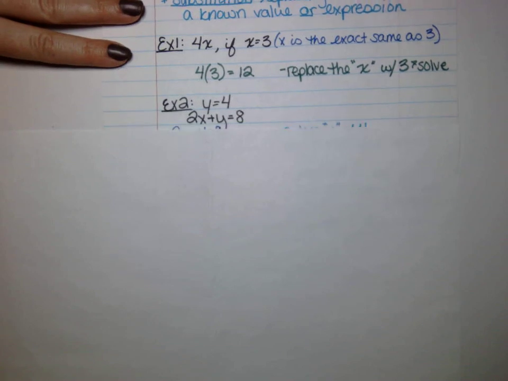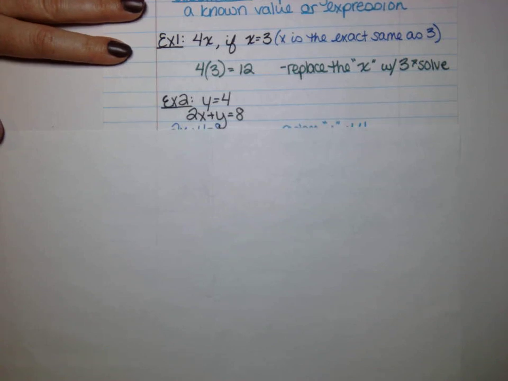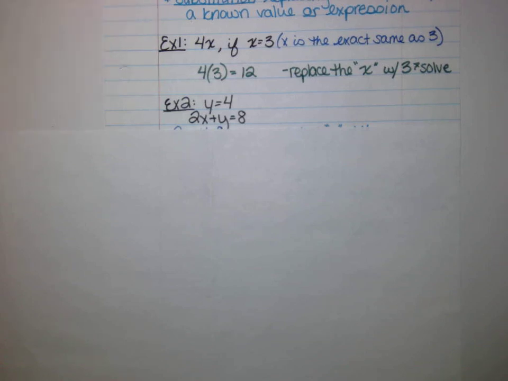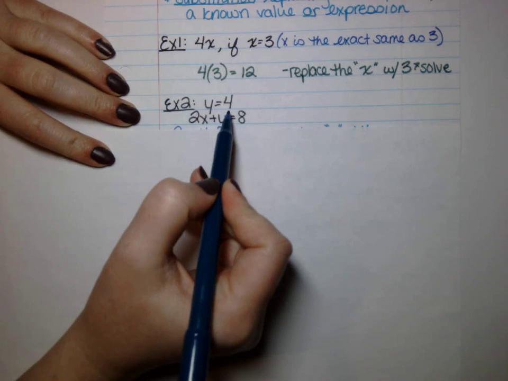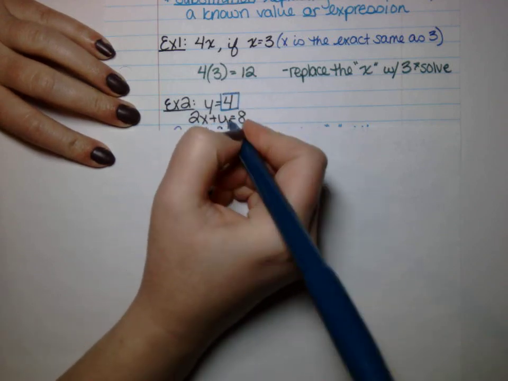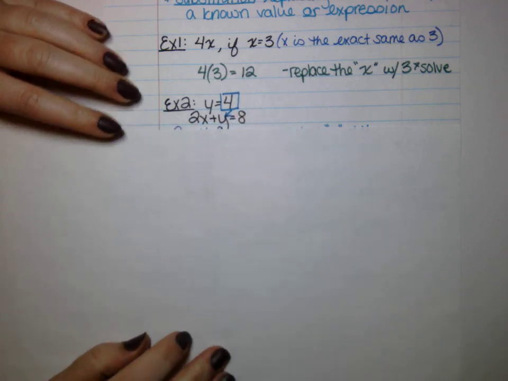So if we look at example 2, it says y is equal to 4 and 2x plus y is equal to 8. For this one, I know that y is the exact same thing as 4. So I'm going to take this 4 and plug it in to that y of my second equation.